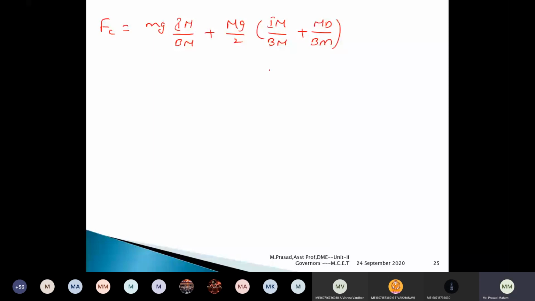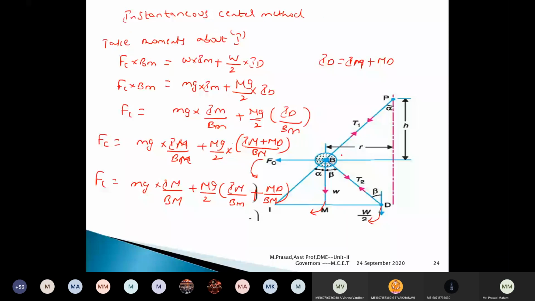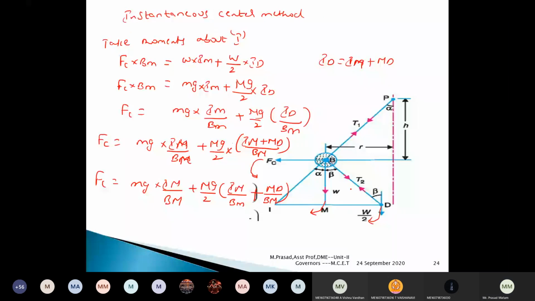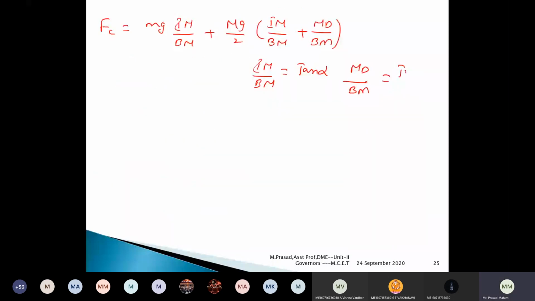Im by Bm, you can see here, is equals to tan alpha. Similarly, md by Bm is equals to tan beta. Substitute the terms here.